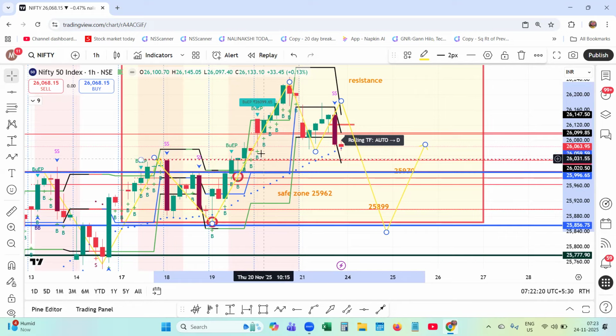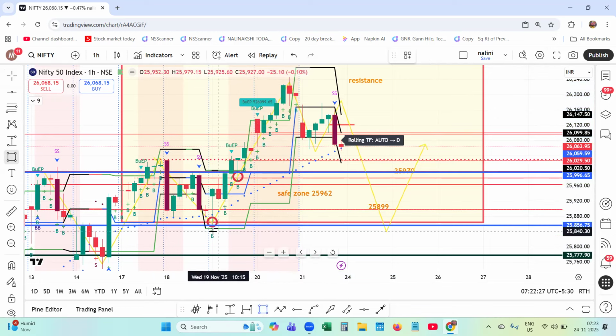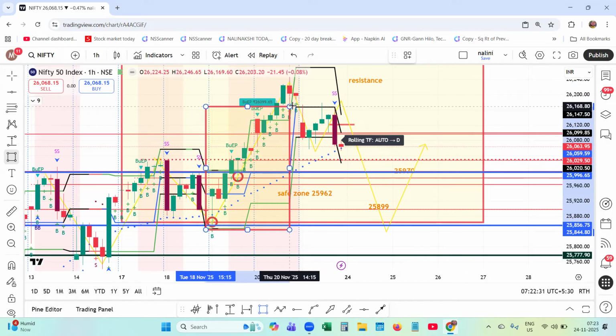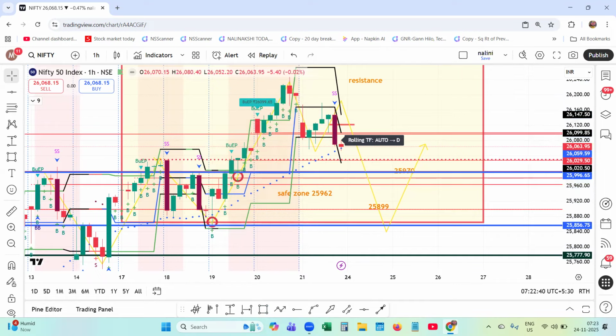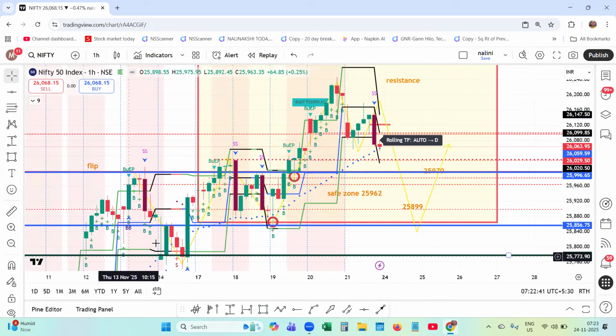If you see, this area is a green territory. From here to here is a green territory. From the green territory, the market has come down. Green territory, market has come down. This is all green territory.